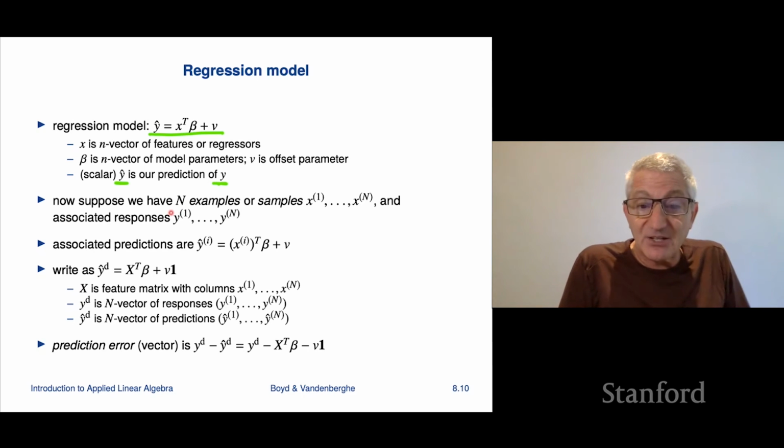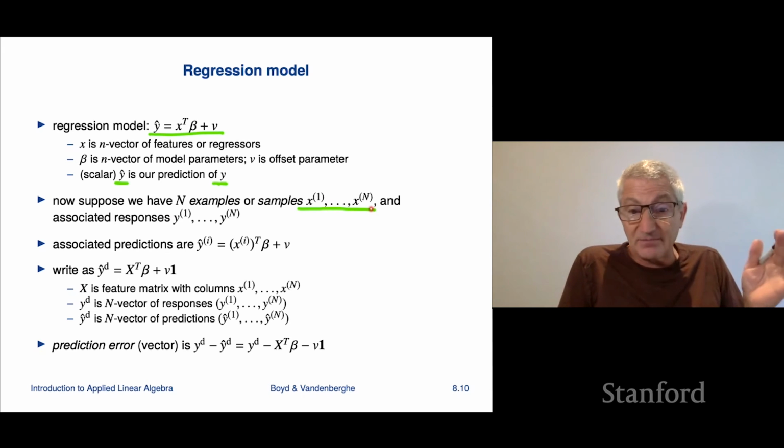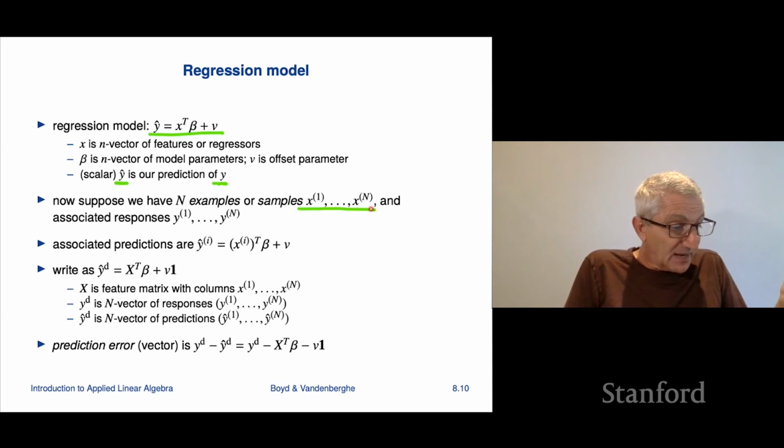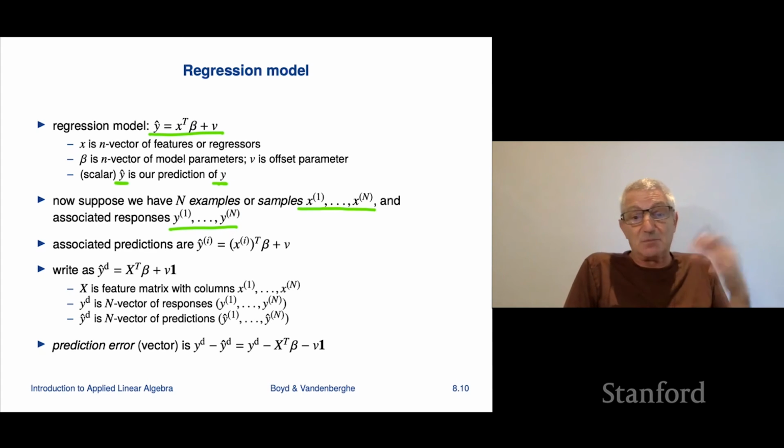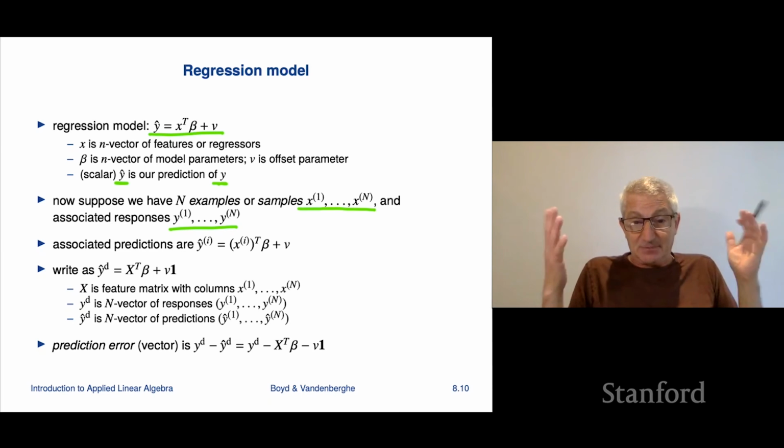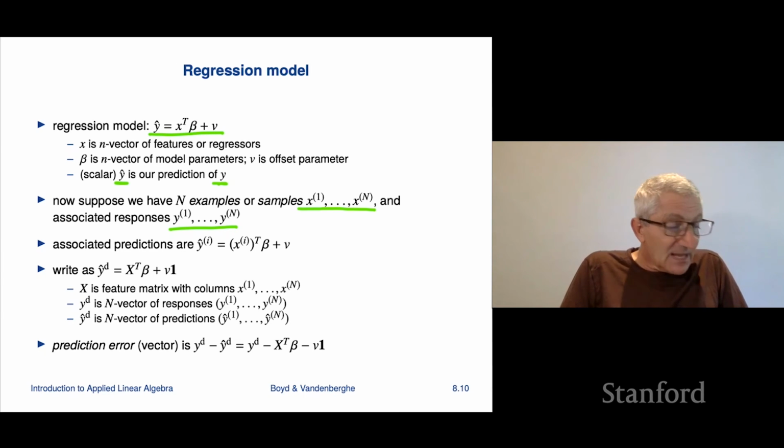Now suppose that we have a so-called data set. We have capital N samples, x1 up to xN. Those are vectors, right? And then I have the associated responses, y1 through yN. These are just observed data. Now for each of the x1 through xN, for each of our observed data sample features, we can actually calculate what the prediction is.